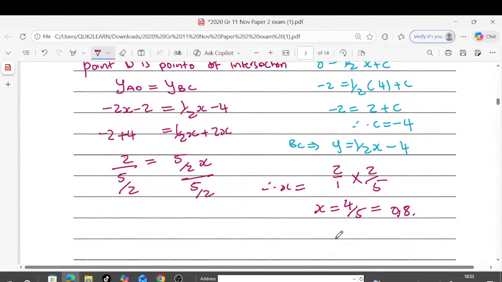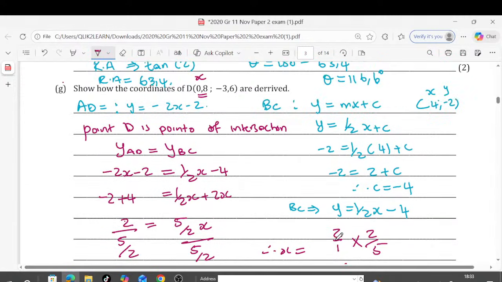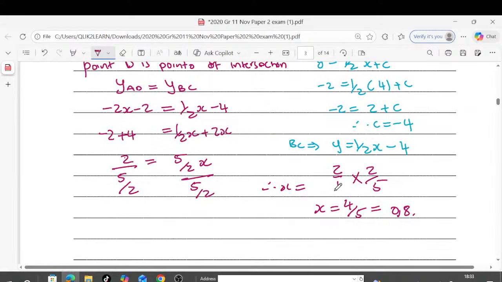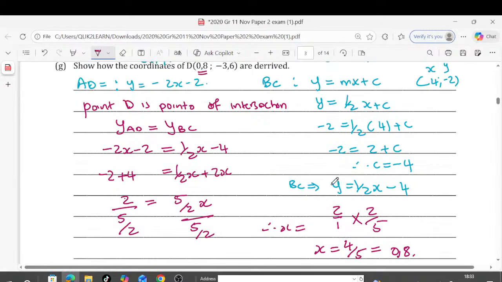So now, to find the corresponding y value, we need to use the 0.8 that we have. We can substitute it into one of these equations. We can use the equation of AD, or we can use the equation of BC.